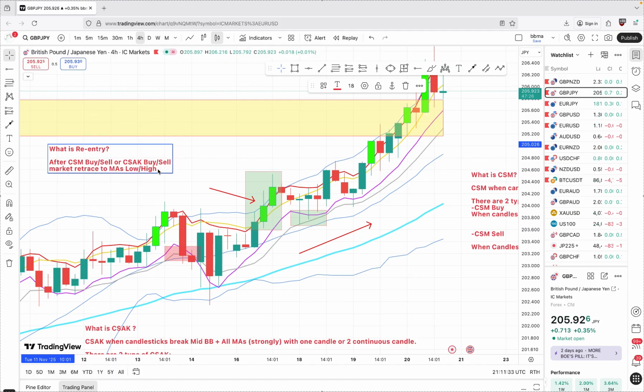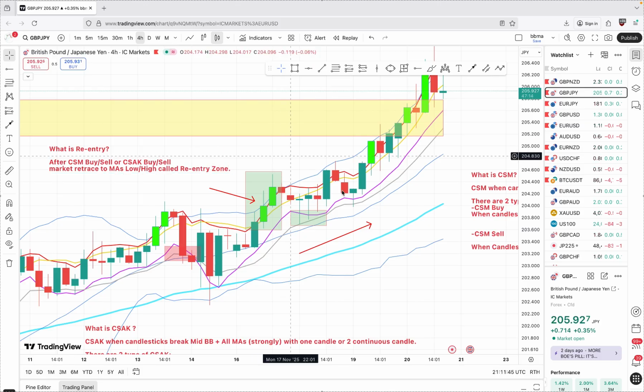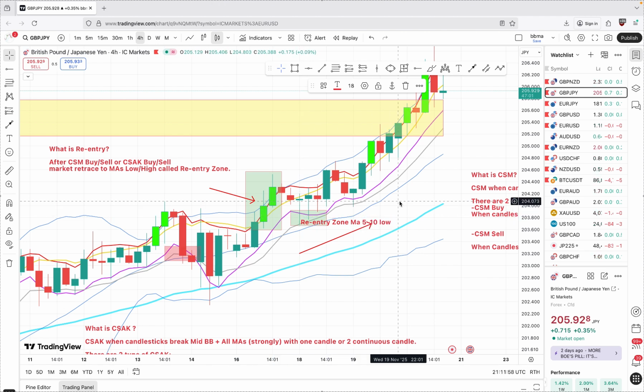After CSM buy or sell, or CSAK buy or sell, a market retrace to MA's low or high is called the re-entry zone. So here is the zone. We can say re-entry zone, MA 510 low.